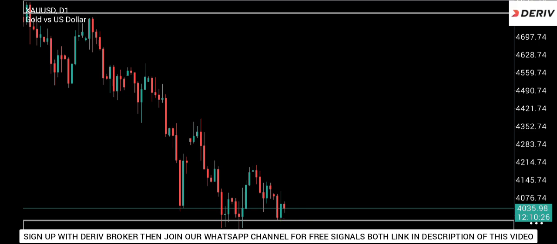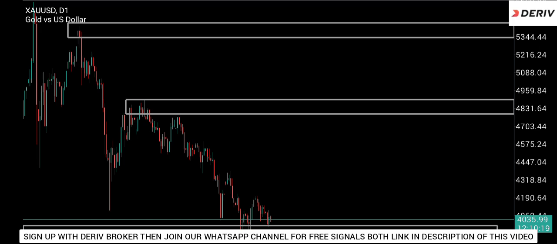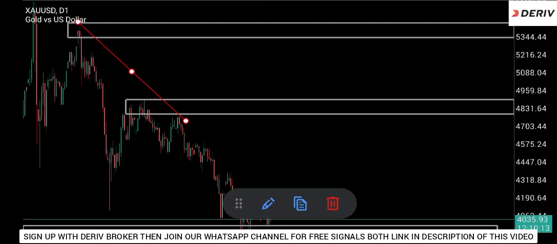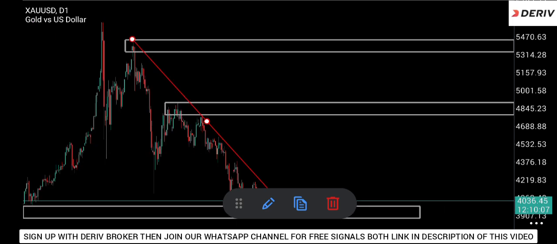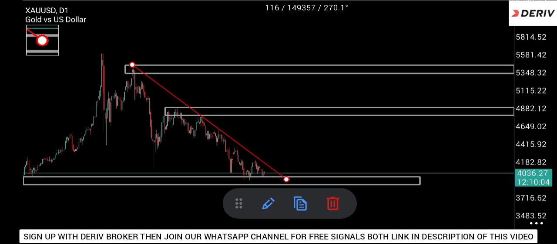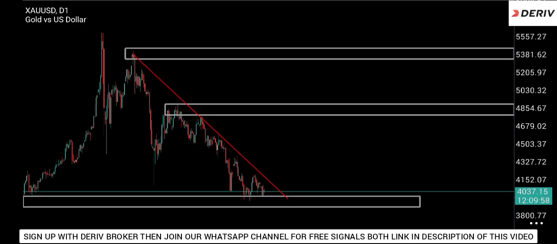What we can expect: we have a diagonal resistance here. This is a diagonal resistance because looking from here to here, gold is in the downtrend on the 4-hour time frame.